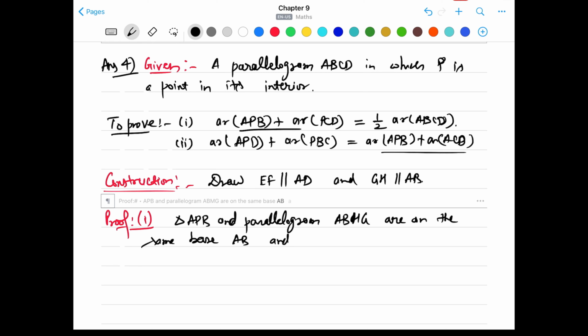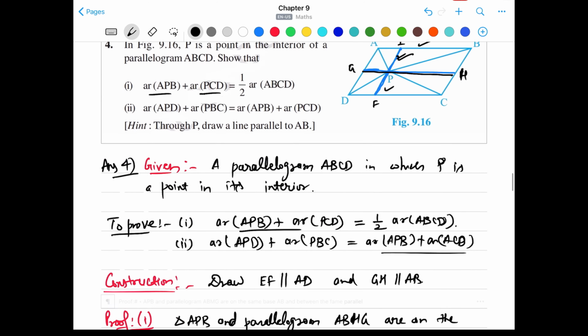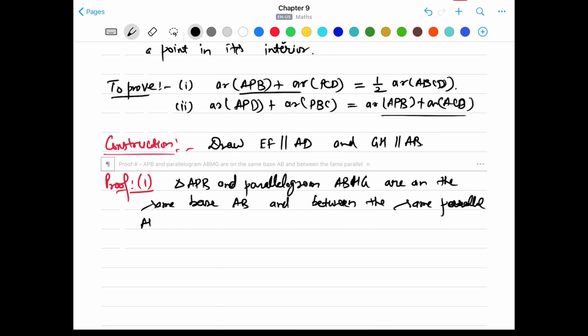And between the same parallel lines, here are AB and GH.